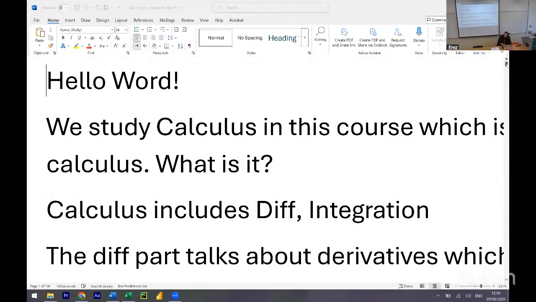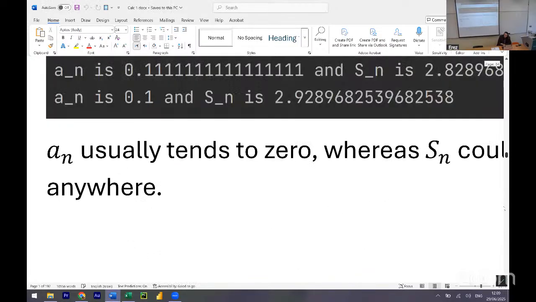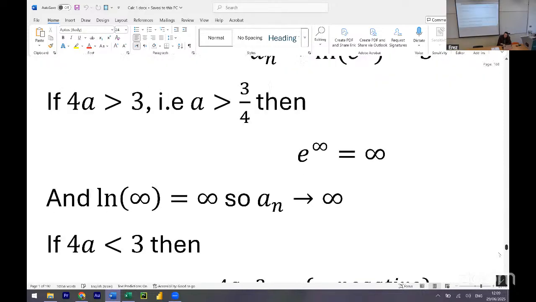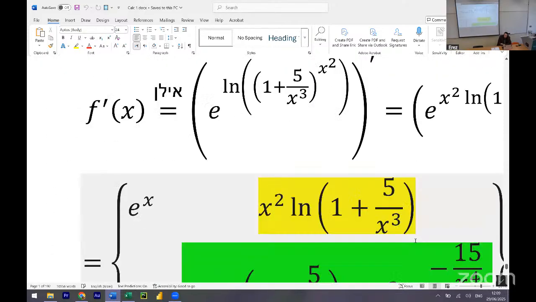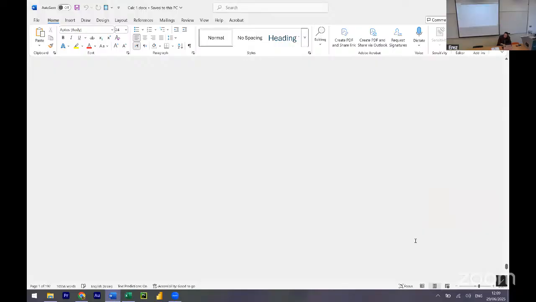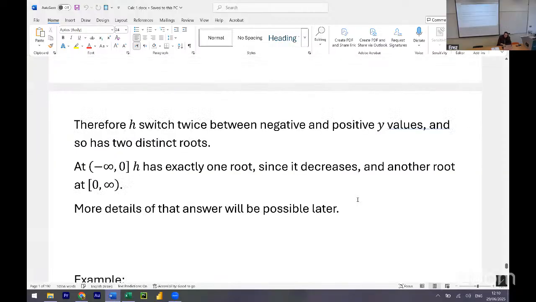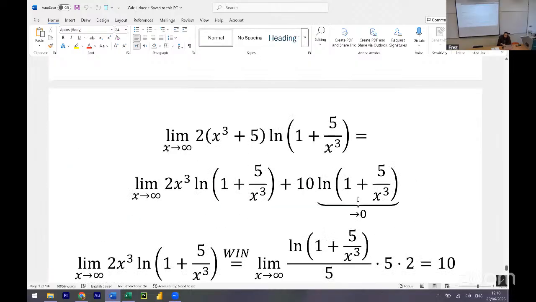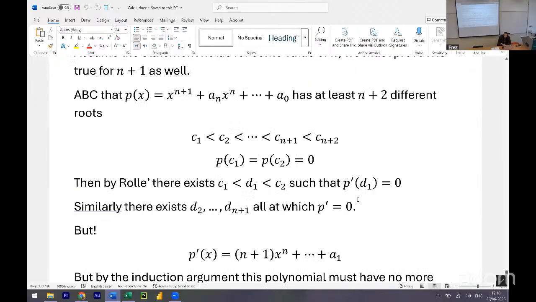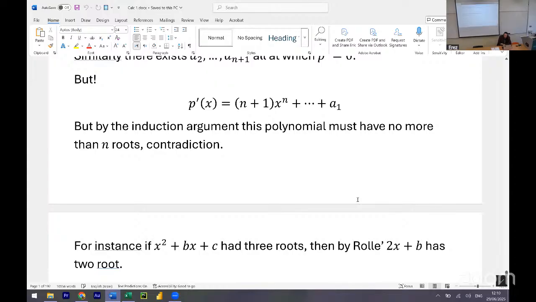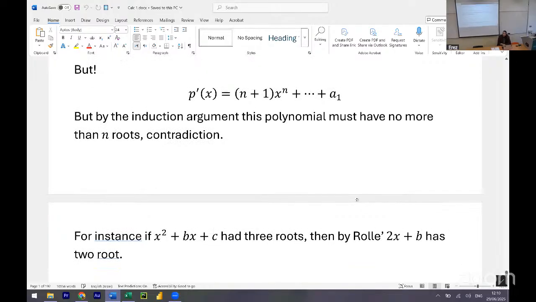We're reviewing and maybe proving some of the function analysis theorems. And I'll remind you which ones we've seen yet.